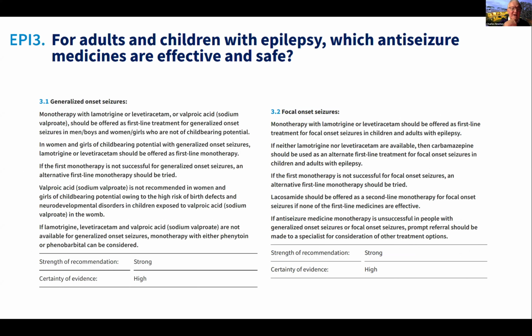As you can see, monotherapy with lamotrigine, levetiracetam or valproic acid is first-line treatment for generalized onset epilepsy, except in childbearing women or girls, where levetiracetam or lamotrigine would be the first-line monotherapy. If one of those drugs doesn't succeed, then another first-line monotherapy should be tried.